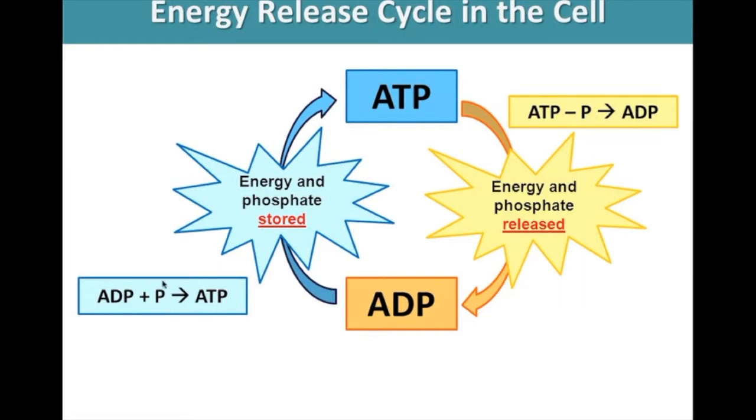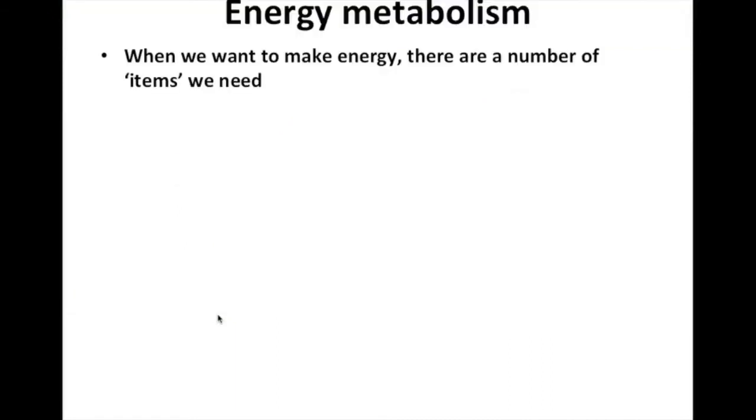But this part of the system is the crucial thing, because ultimately the food that we eat and the energy that we get from that food is the energy that this phosphate molecule uses to attach itself back on to create ATP again. So if we didn't eat our food, we wouldn't have energy, we wouldn't be able to attach the phosphate molecule back on and make ATP again, and then we would be in trouble.